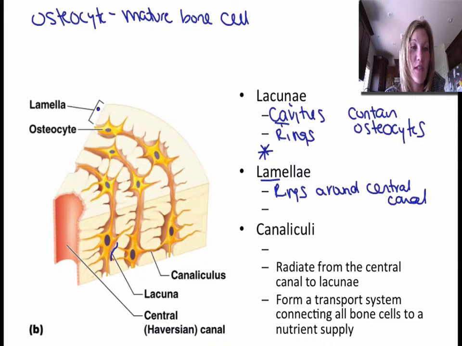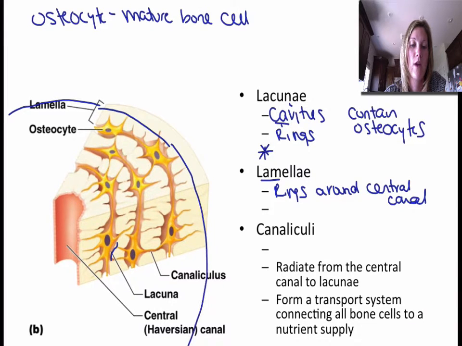Okay, so you see each of these. So if we have our osteon, in this case, it is going to be really, really big because it's blown up, although it's really, really small. Okay, so the central canal is going to be the very center of the osteon. The lacunae are the cavities.